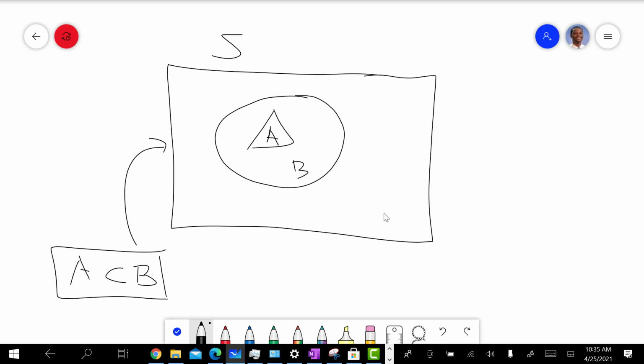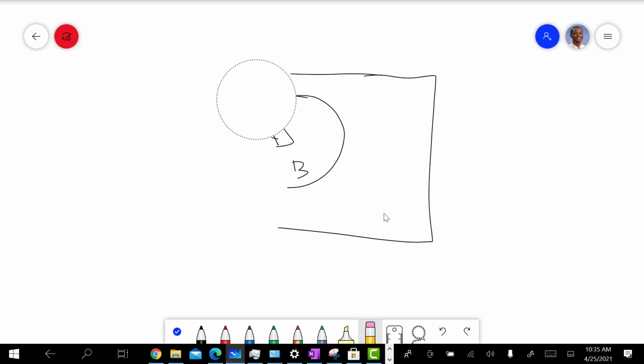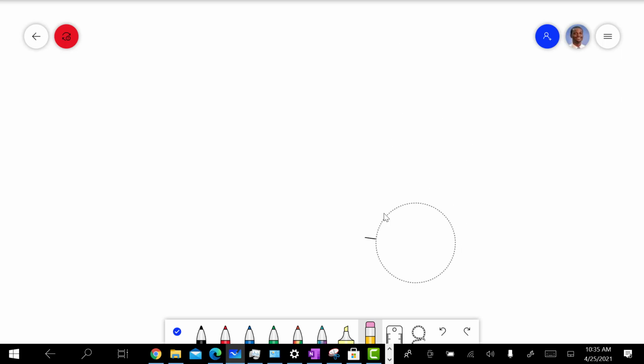So this is the inclusion, and let's talk now about the union. When we talk about union, we want to look at the elements that are in one set or the other or both. Let me give you an example.